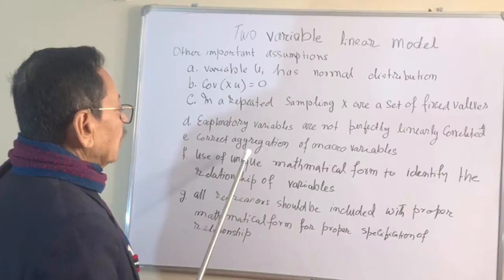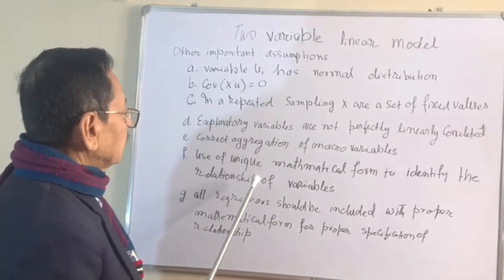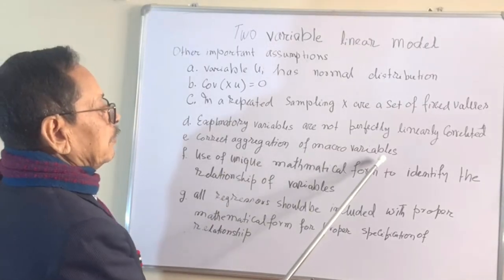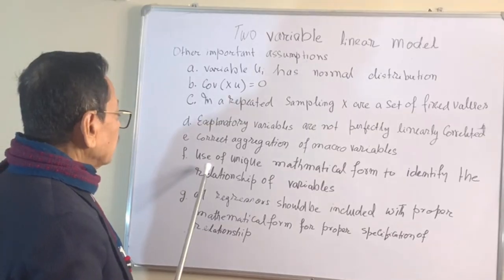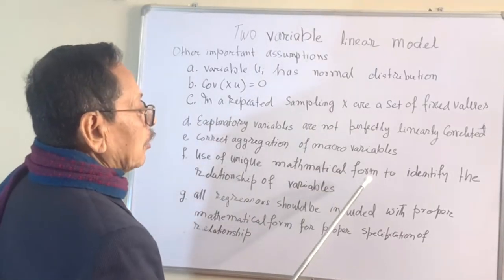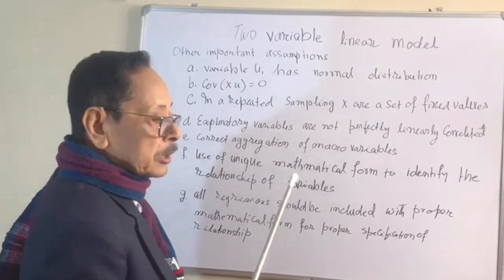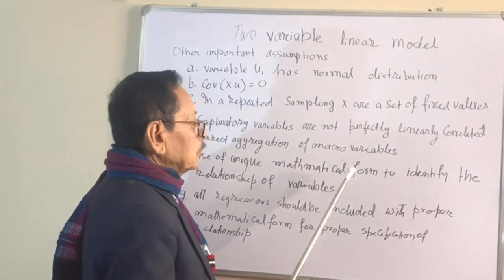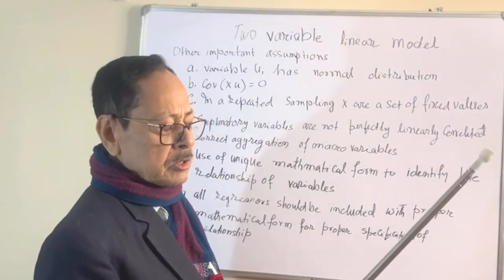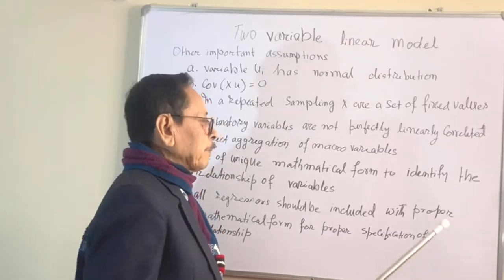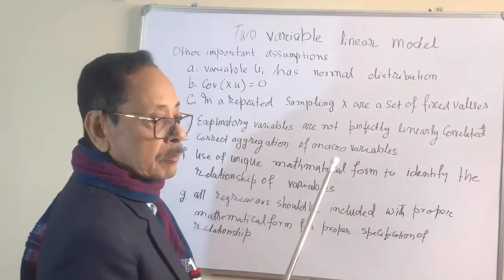Then E, correct aggregation of macro variables. Okay, this is simple. Aggregation of macro variables should be correct as per rules. Then F, use of unique mathematical form to identify the relationship of variables. This is also important, that the relationship between x and y should have a unique mathematical form.